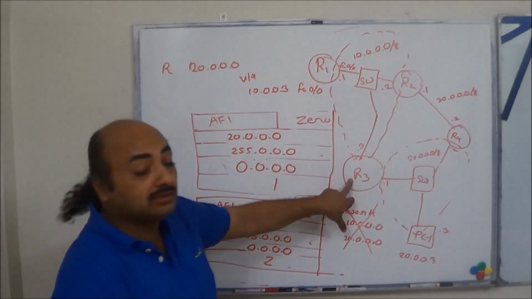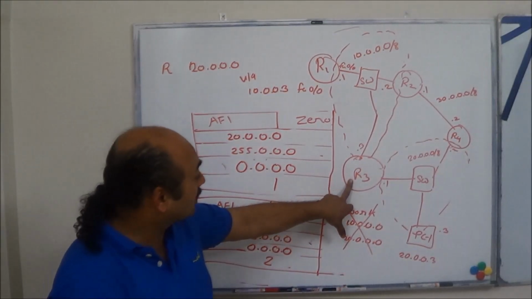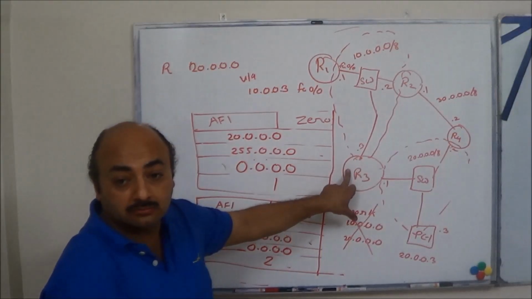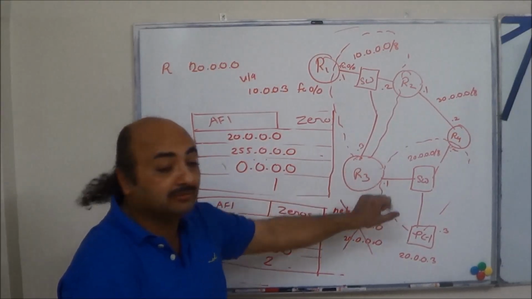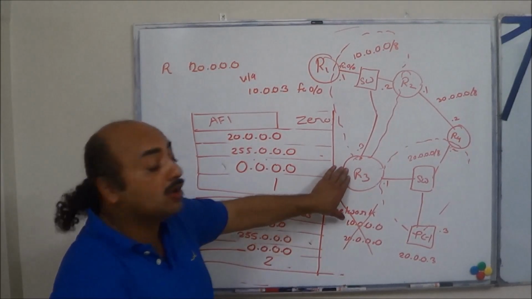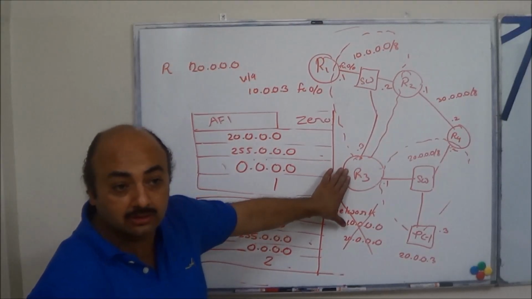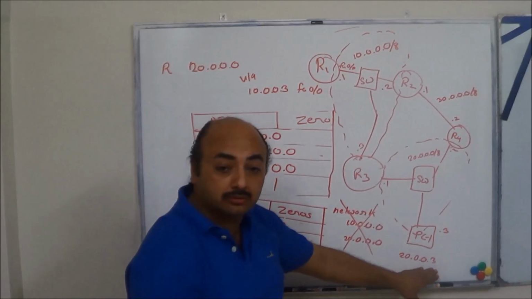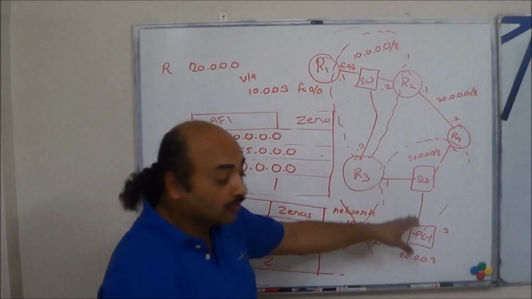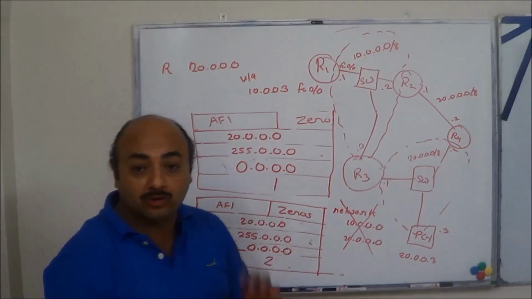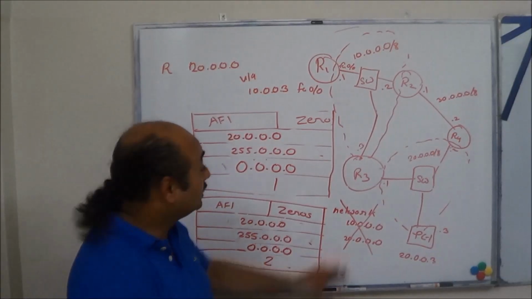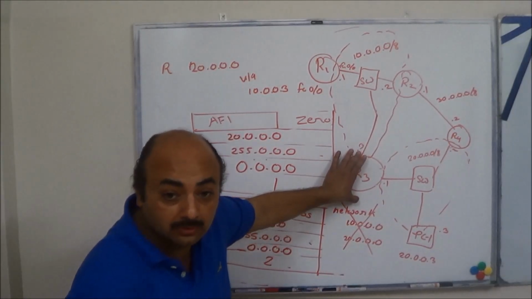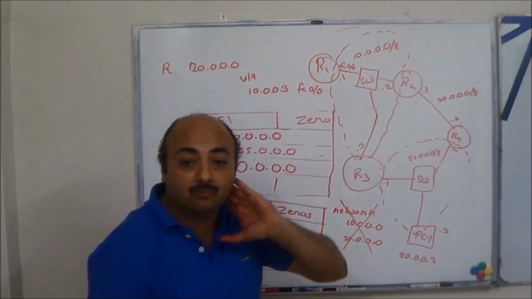But does R3 know that 10 network is directly connected? Yes, sir. Does R3 know that 20 network is directly connected? Yes. So if somehow a packet comes to R3 for 20.0.0.3, it will be able to forward it. But it is not running RIP. That means it is not able to advertise hop count of 1.